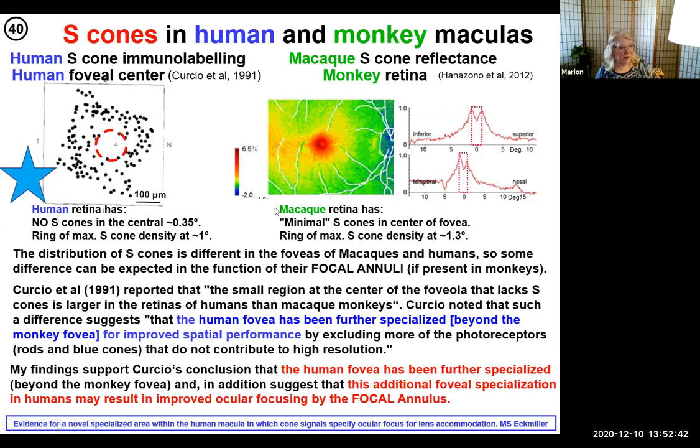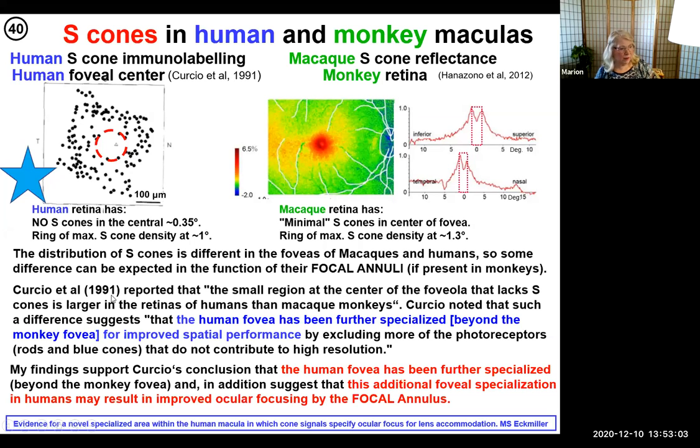And I am not the only person who has noted that. The distribution of S-cones is different in the foveas of macaques and humans, so one would expect that might affect the function of their focal annuli, if such a focal annulus is present in the monkey. I do believe it probably is.